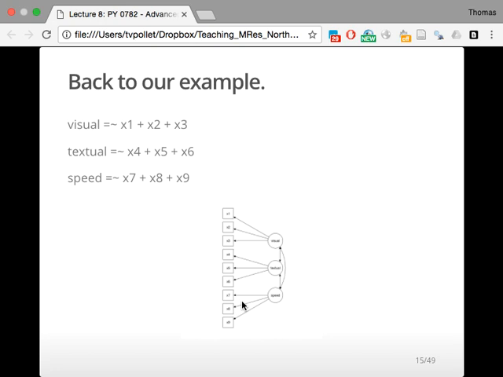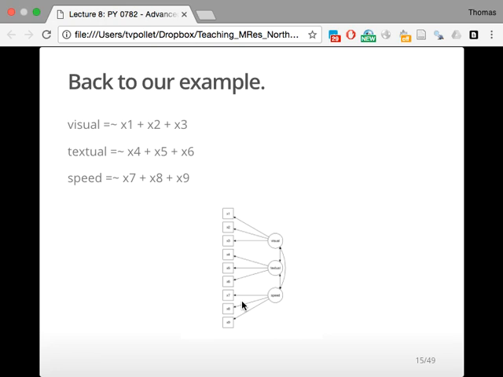Now, unfortunately the beam resolution isn't very good, but this is visual: x1, x2, x3; textual: x4, x5, x6; and speed: x7, x8, x9. So again, this is quite a simple model. We only have three items loading on every factor, and we only have three hidden factors. We have no super factor.